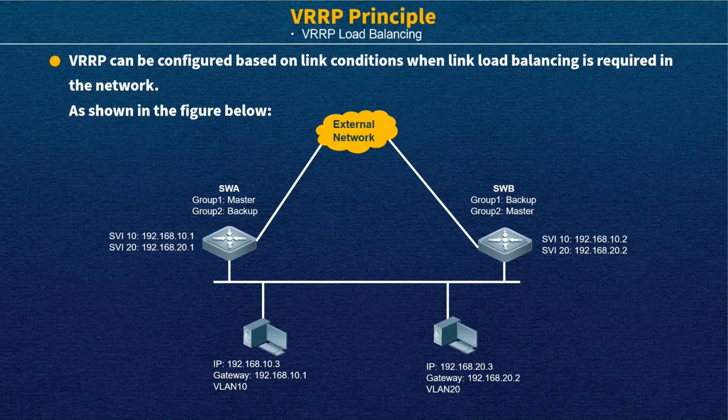So in this scenario, different traffic can use different devices as a gateway. If switch A is broken, switch B still can help to forward the message for the first group. So this is a load balance.